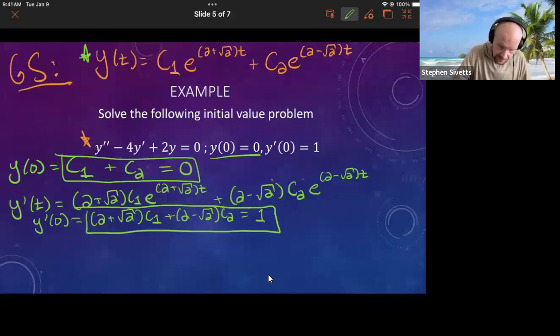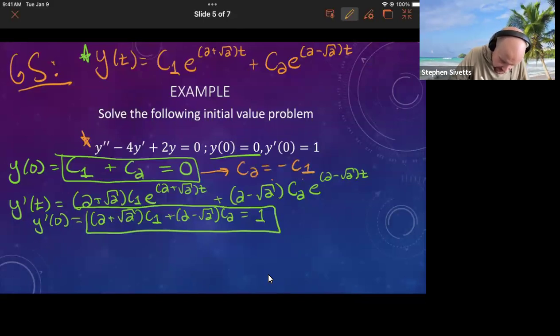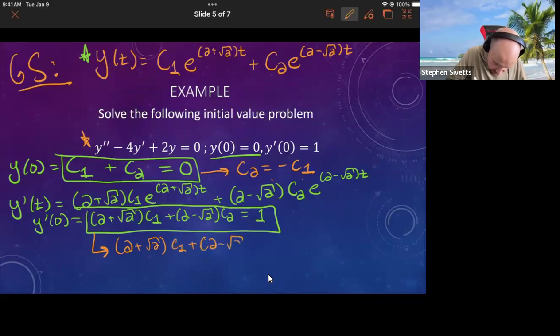All right. So by this equation here, we know that C2 equals minus C1. And from this equation, we know that 2 plus root 2 times C1 plus 2 minus root 2 times minus C1 equals 1.